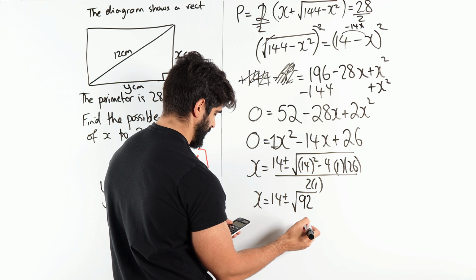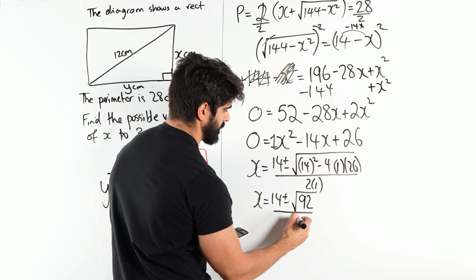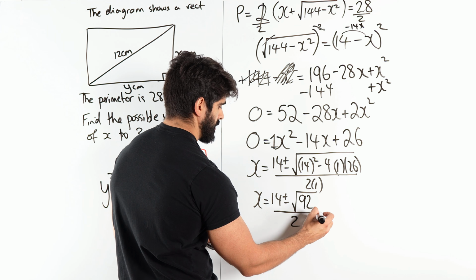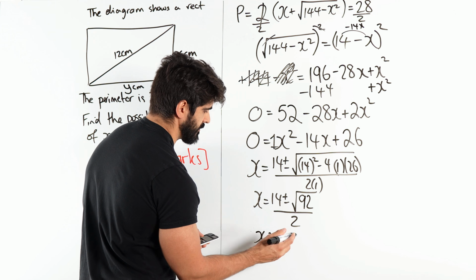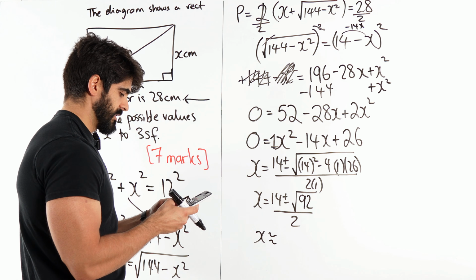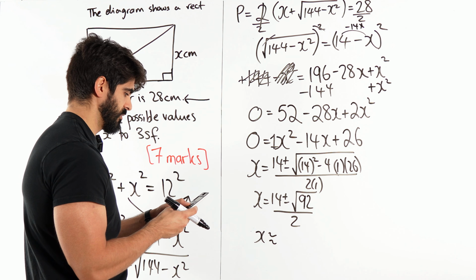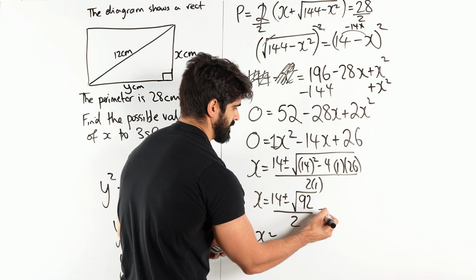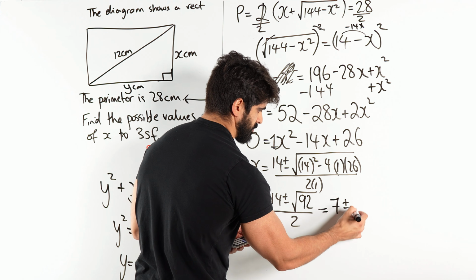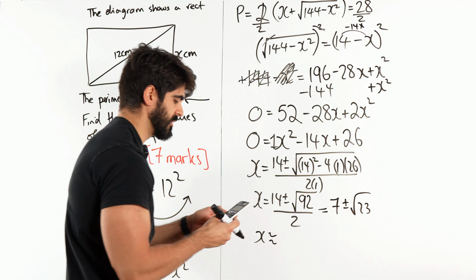All over 2. So that's going to give me, I guess we just type it in now. I'm going to do it to 3SF. So we have 14 plus or minus root 92 over 2, which is 7 plus or minus root 23, but then we need to decimalize.